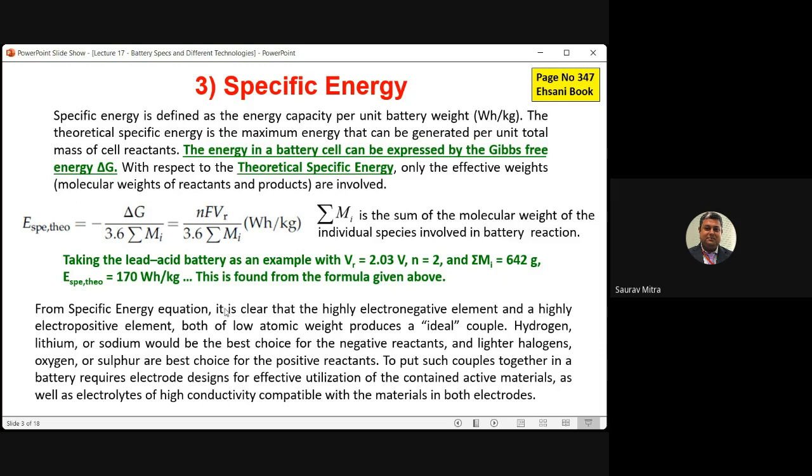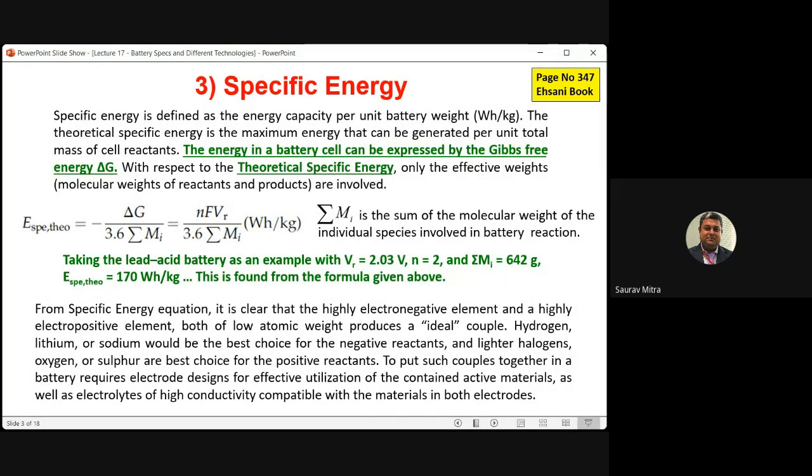From the specific energy equation, it is clear that a highly electronegative element and a highly electropositive element, that is the reactants, both of low atomic weight, produce an ideal couple. So the lower the atomic weight of the reactants, the overall weight of the battery will reduce. So hence we say lithium ion battery.